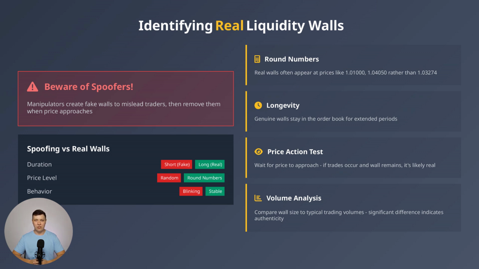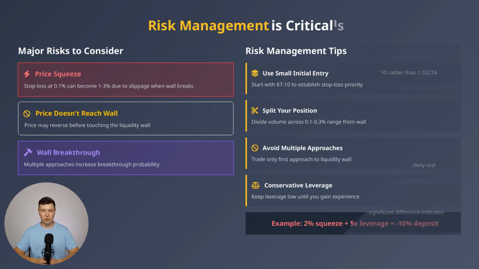Even when a liquidity wall is real, there are nuances that can lead to a stop loss or increased losses. Squeeze, price slippage after liquidity wall execution. In the example, above the liquidity wall, there are orders of $13,000 to $33,000. If the volume of stop losses behind the order, along with buy orders at the moment of liquidity wall execution, is significantly larger than these figures, the price will sharply move upwards.